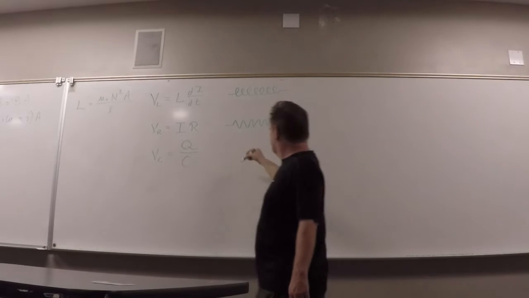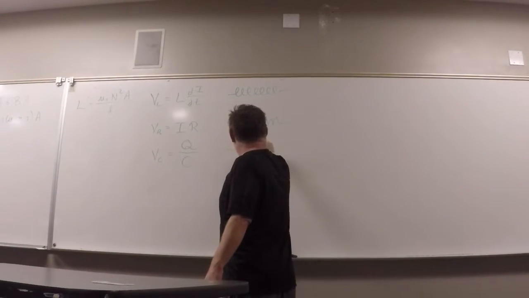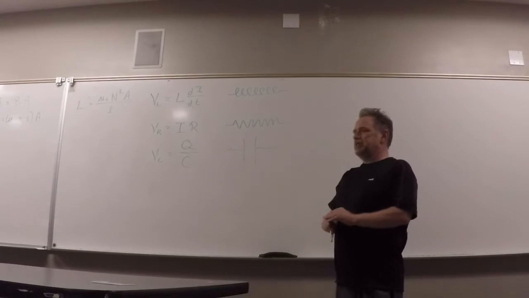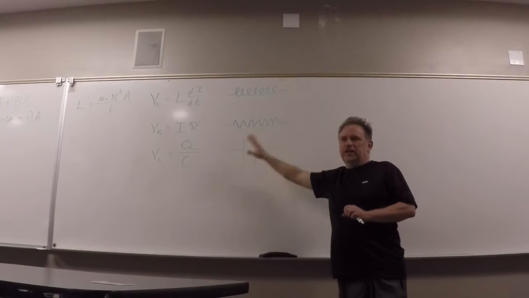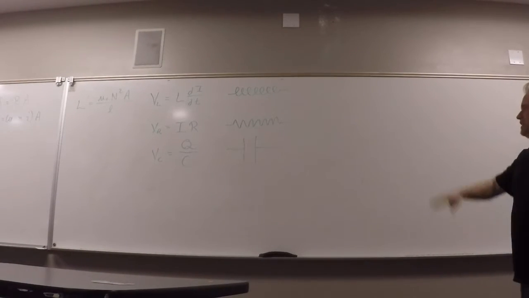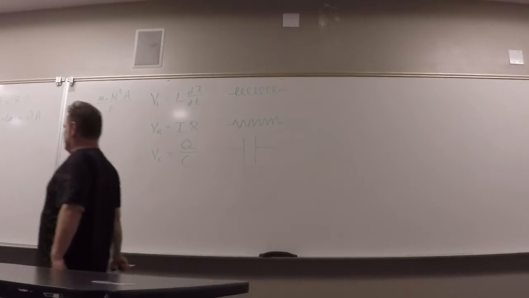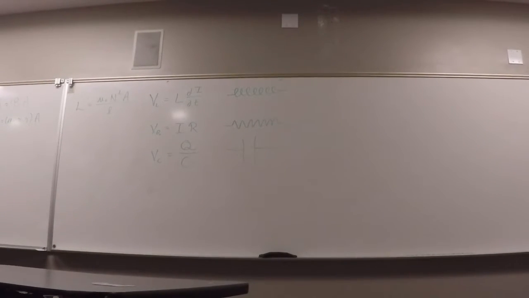And the capacitor, there's a couple of symbols for it, but the one we generally use is the two parallel lines. Sometimes they use a line with a curved line on the other side, depending on how fancy you want to get and how specific you want to get. But these are your basic circuit elements we're going to look at.